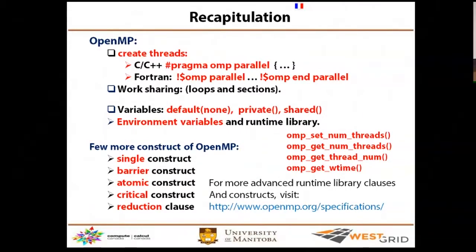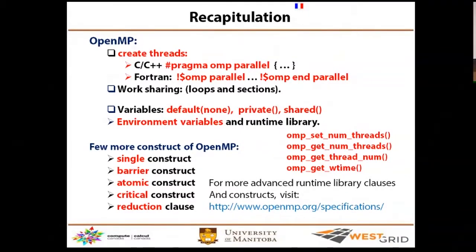And you have 2 types of variables. Private means that each thread has its own variable. Shared means that this variable is shared by all the threads, so each one can see this variable and can read it or change it.